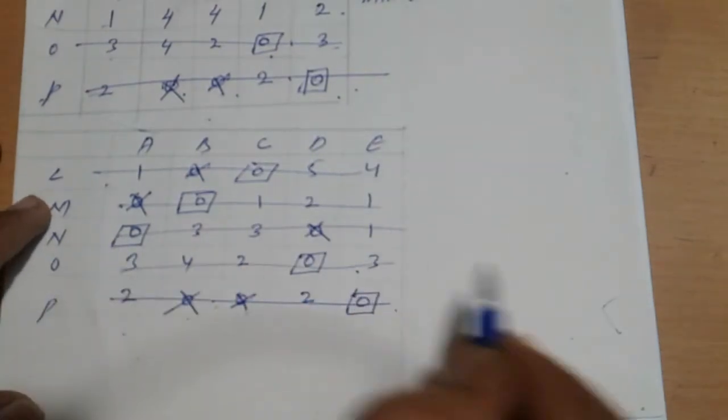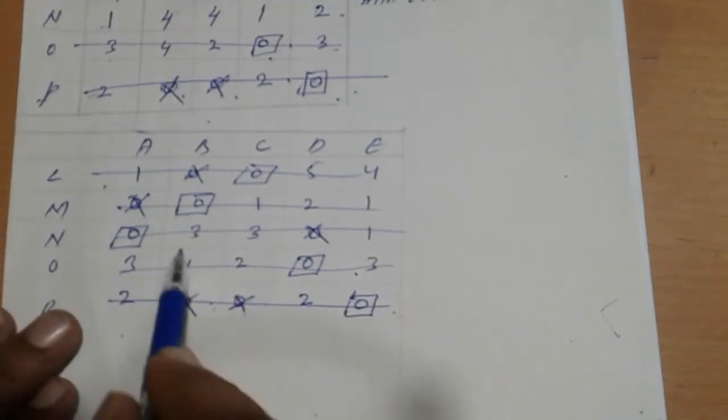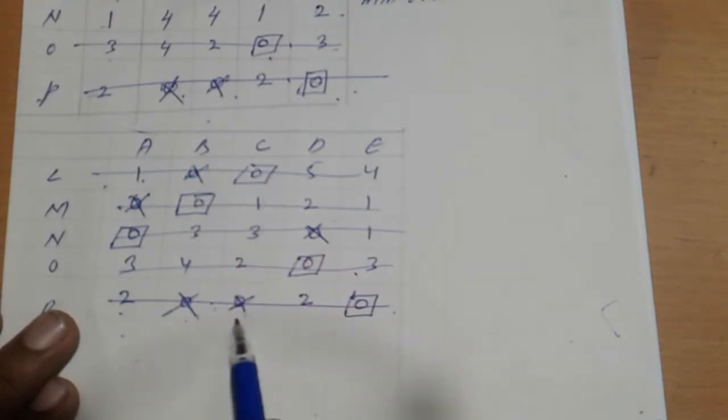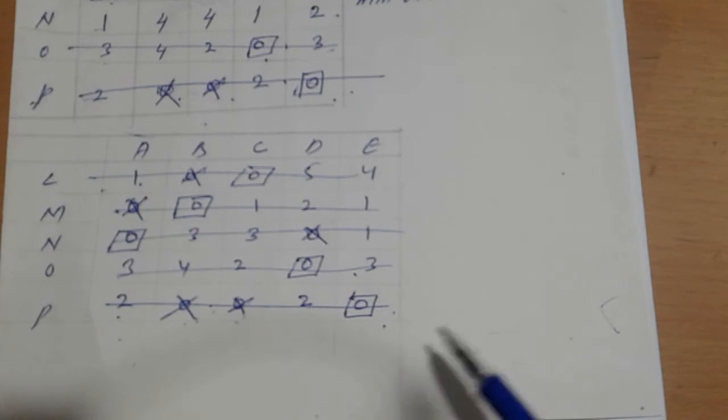This is 5, because every line has a 0. If you take this one also, here 1 line, this is 2 lines, this is 3 lines, this is 4, this is 5. We cannot do otherwise, we have to take 5 lines compulsorily. That's why the problem is solved.